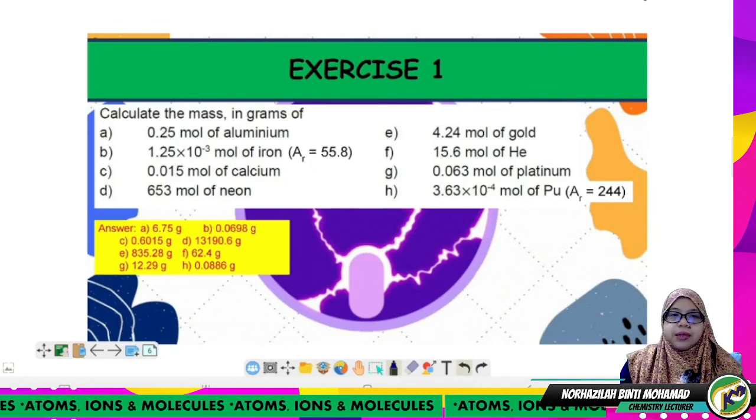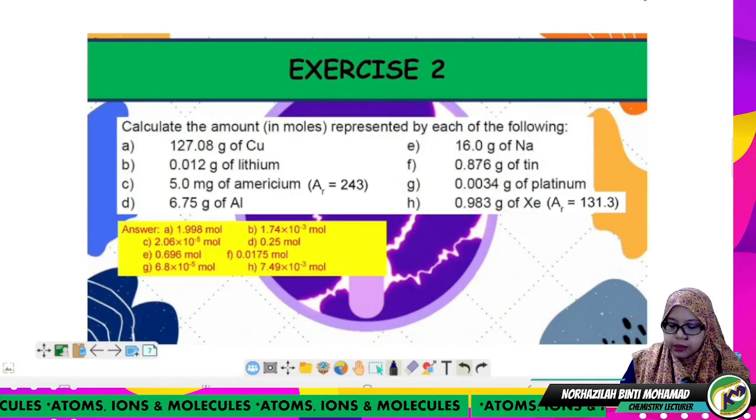For the aluminium and the rest that I haven't given you the relative atomic mass, you may refer to the list of relative atomic mass that I have given you earlier. Okay, C 0.15 mole calcium, 653 mole neon, E 4.24 mole of gold, F 15.6 mole of helium, G 0.063 mole of platinum, H 6.63 exponent negative 4 mole of plutonium. So that is the first exercise.